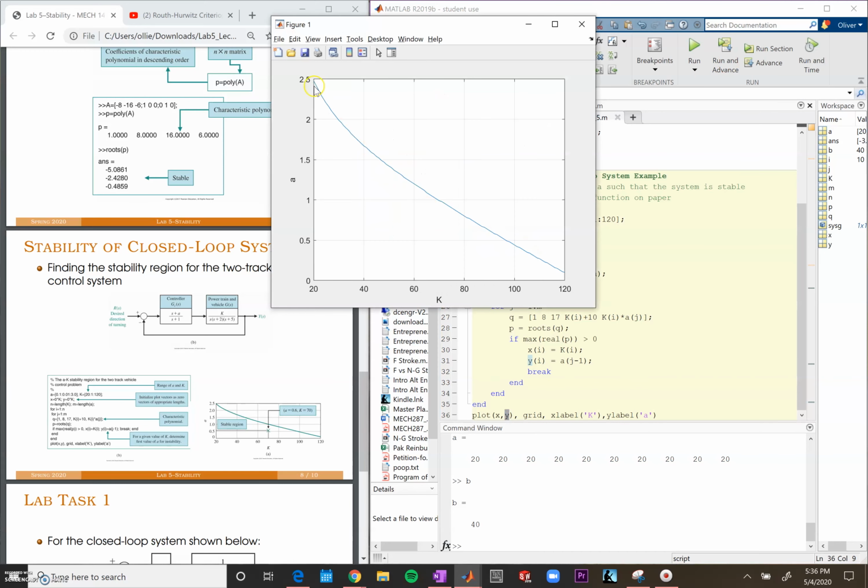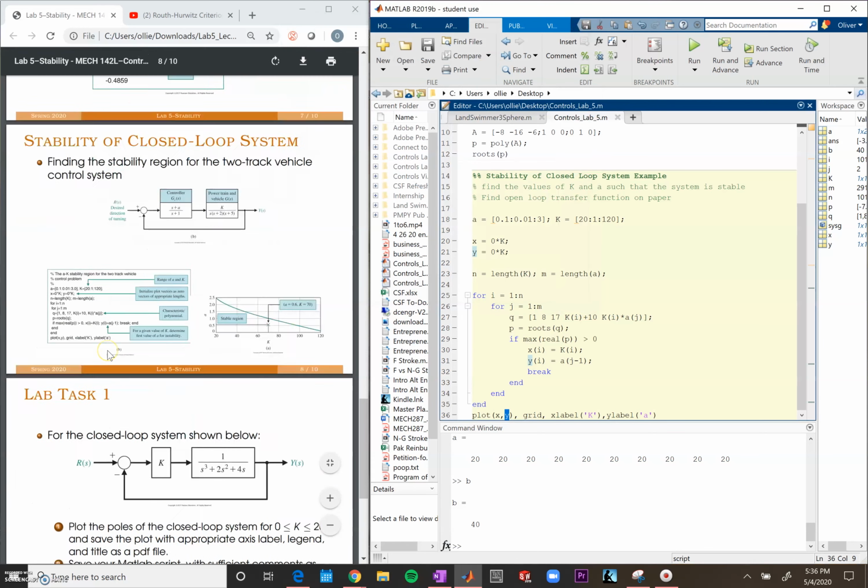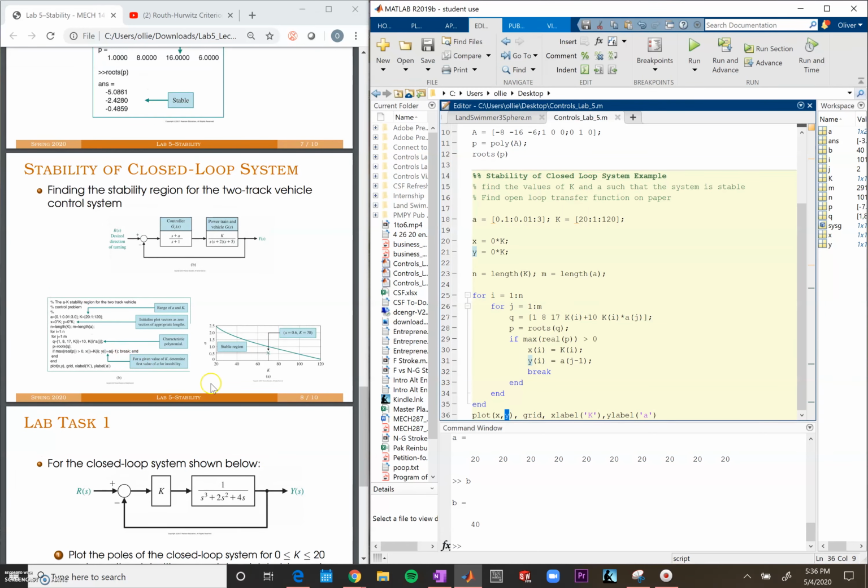So if we run this, we get something like this, right? For this region here, we are stable. For this region here, we are unstable. And with that, you can go ahead and attempt the lab tasks.